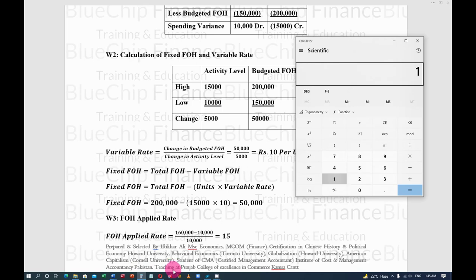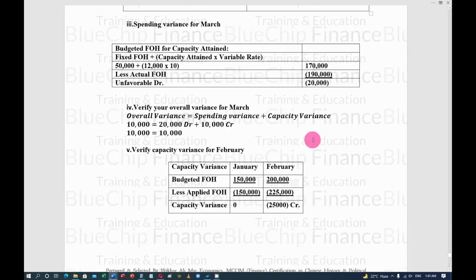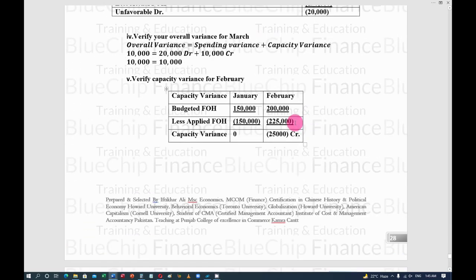So 15,000 multiplied by 15 is 225,000, and at the activity level of 10,000 multiplied by 15 equals 150,000. So record the applied FOH below: for February it is 225,000, and for January it is 150,000. For January, your capacity variance is 0, because 150,000 minus 150,000 is 0, and for February, 2 lakh minus 225,000 is minus 25,000, credit.